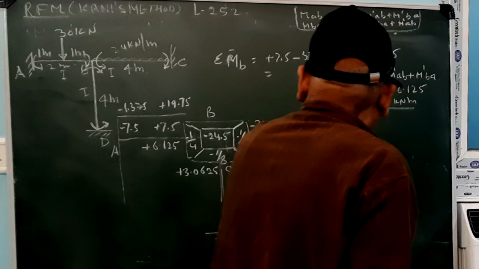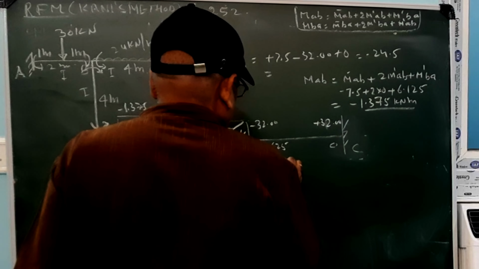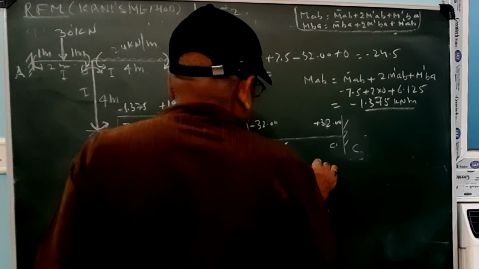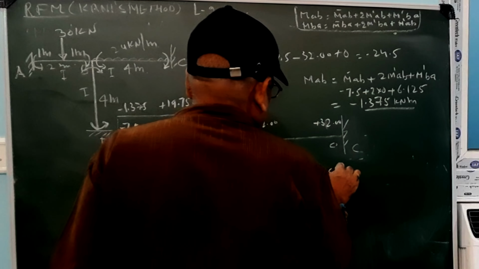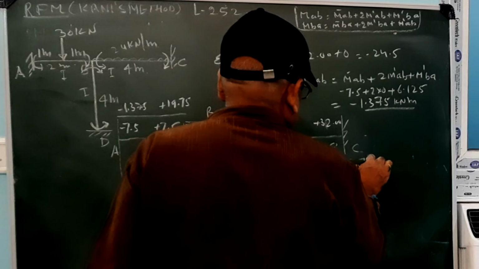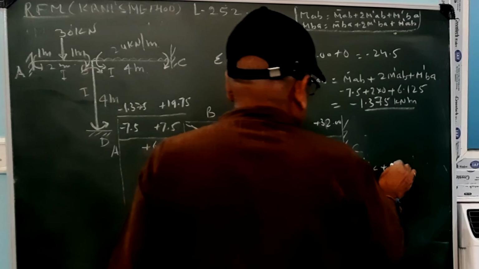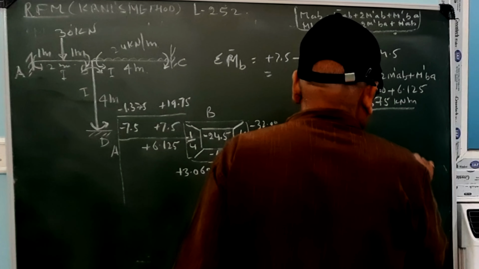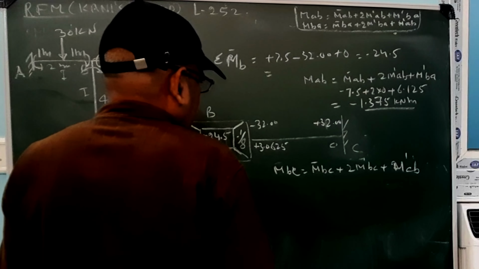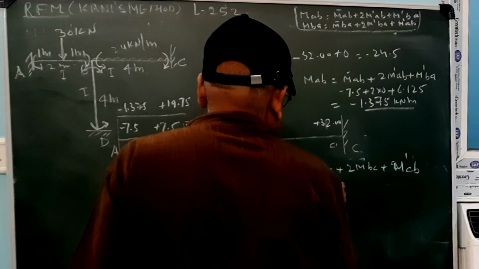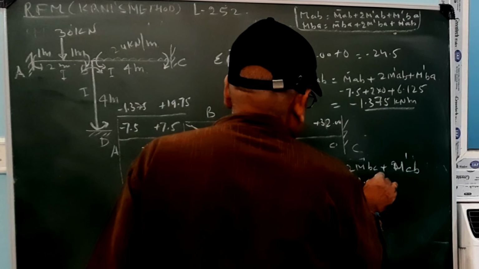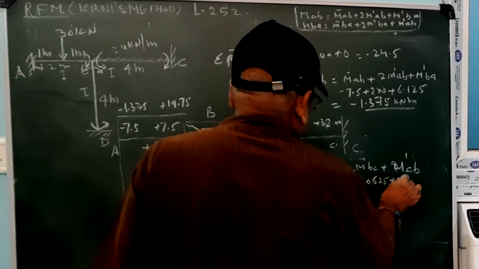This MBC, M bar BC, sorry, MBC equals M bar BC plus 2 times M dash BC plus M dash CB. This will be the formula. So M bar BC is equal to minus 32 plus 2 times 3.0625 plus 0.